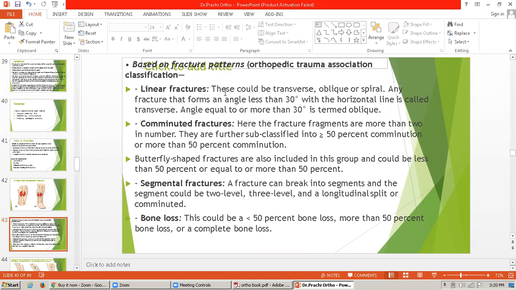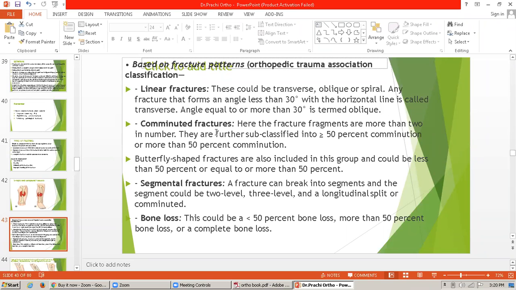In the linear fractures, this could be transverse, oblique or spiral, and any fracture that forms an angle of less than 30 degrees with the horizontal line is called transverse. An angle equal to or more than 30 degrees is termed oblique. So a linear fracture could be transverse, oblique or spiral.